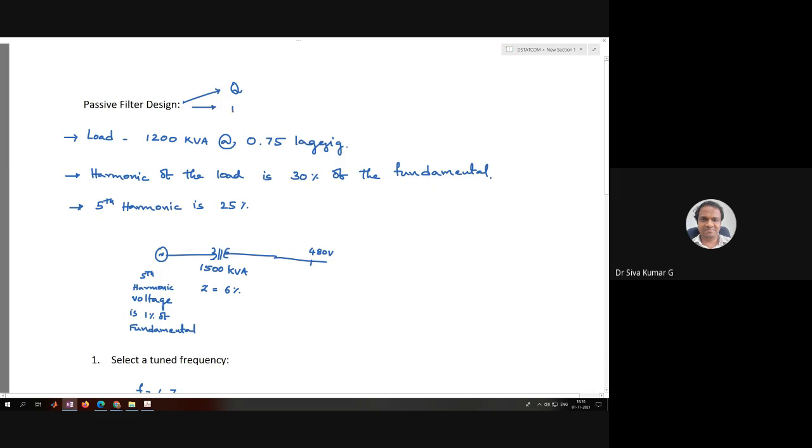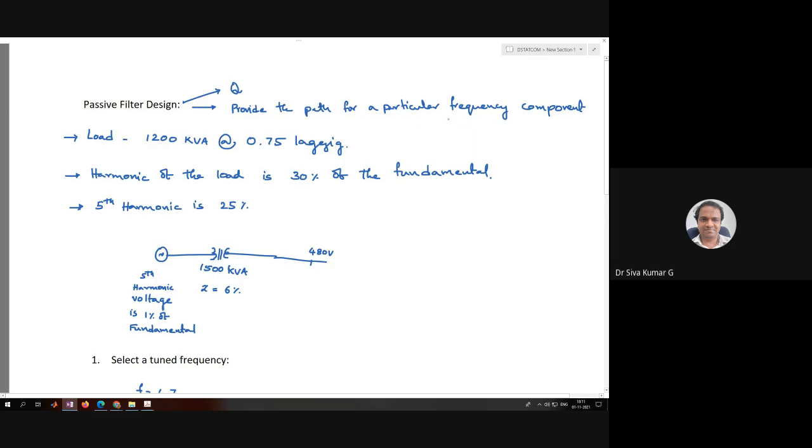it provides the path for a particular frequency component of current. Okay. Why did I say a particular frequency?